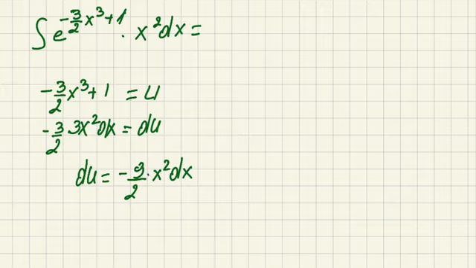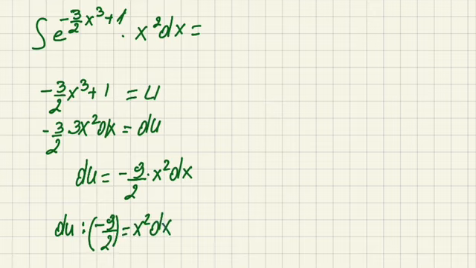Since I have multiplication, when it goes to the other side, it goes as division. And we have du divided by minus 9 over 2 equal to x to the second power dx. In fact, this one we can write as multiplication. We flip our fraction, which is 2 over minus 9, or minus 2 over 9 du. It would be equal to just x to the second power dx.